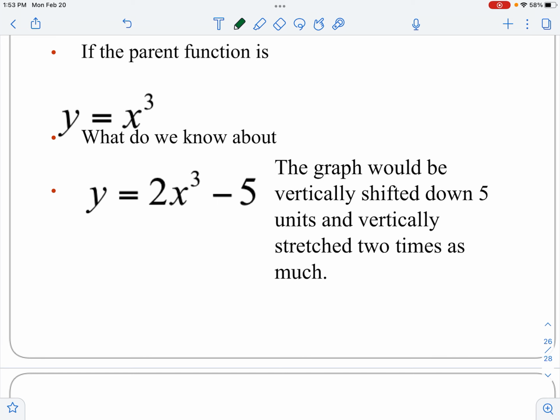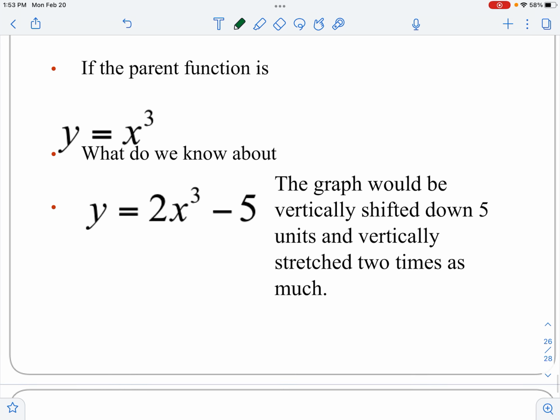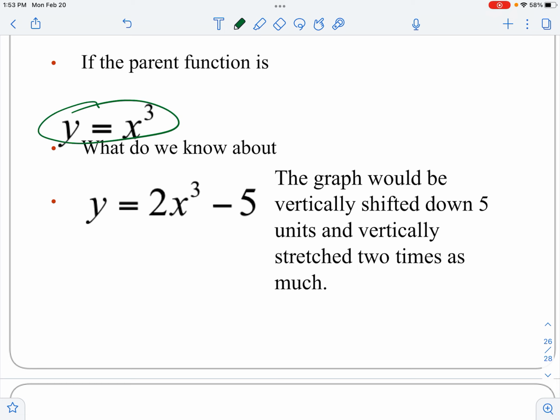So here our parent function is x to the third. And now, instead of an understood 1 in front of that x to the third, we have a 2. And so we know that this is going to vertically stretch our graph by a factor of 2. And our graph is going to be shifted down 5 units because of the minus 5 on the end.